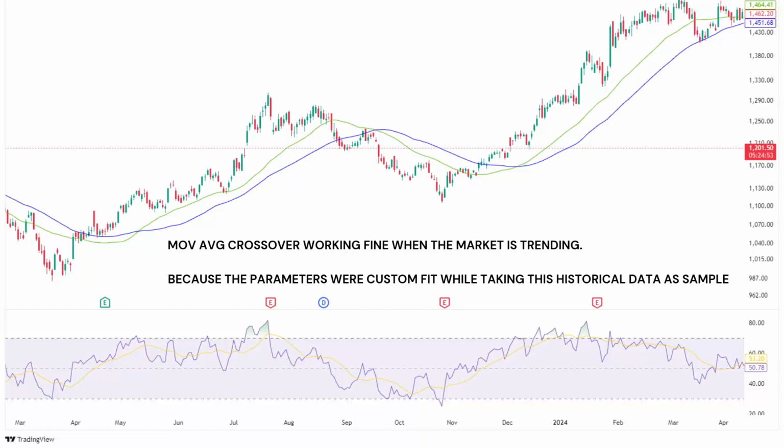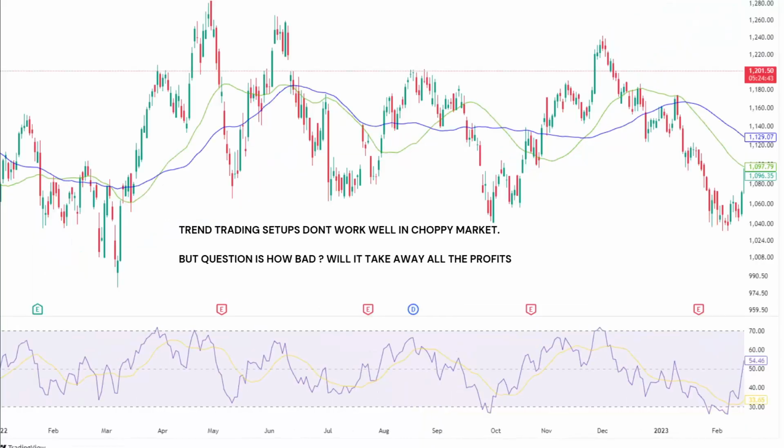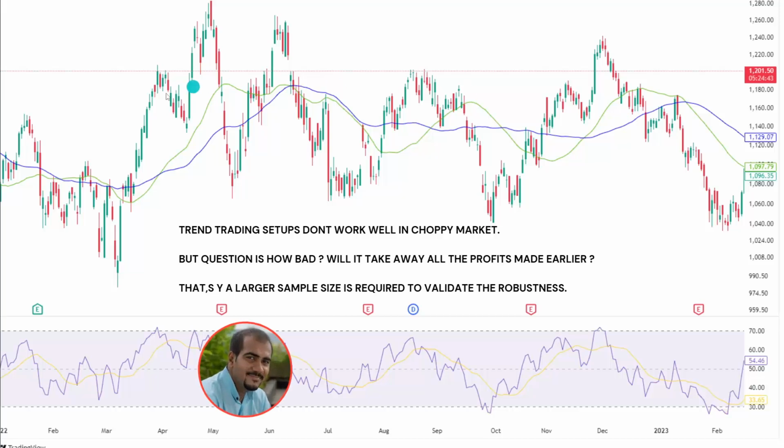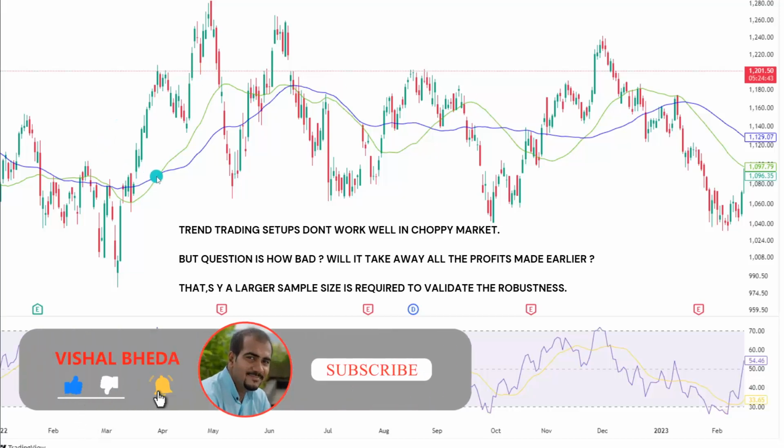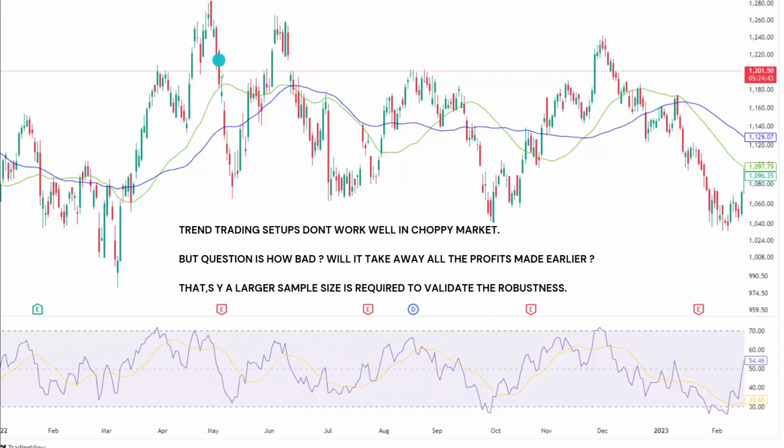Why? Because in the last 2 years it was a beautiful bull market for many of the indexes and stocks. But as soon as you go into the past where possibly you have choppy markets, like 2018, 19, or maybe even 2022, you can just go and look at the Nifty, you will understand. Over here, you can see the same trading setup from the previous slide, where it was working beautifully, is not working that well.